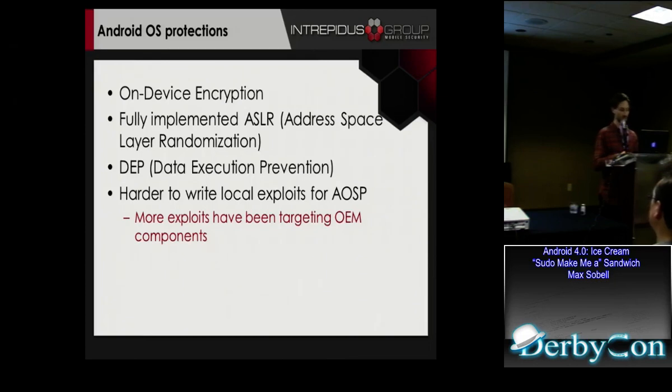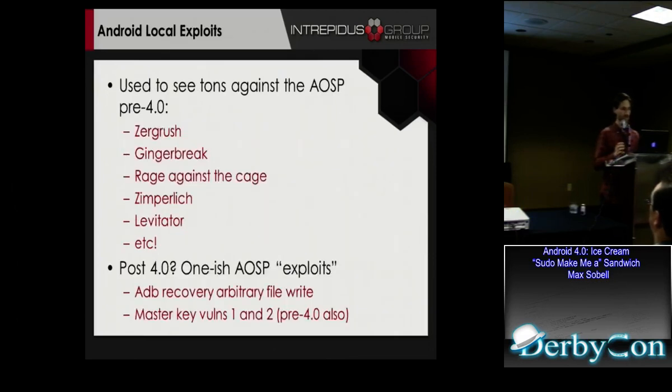So we've been seeing the rooting community kind of moving to the fringe components, which is the OEM components and applications. We used to see a ton of just simple privilege escalation exploits on 2.3, 2.whatever. Post 4.0, Mark and I were talking about this. I think there's one-ish exploit.